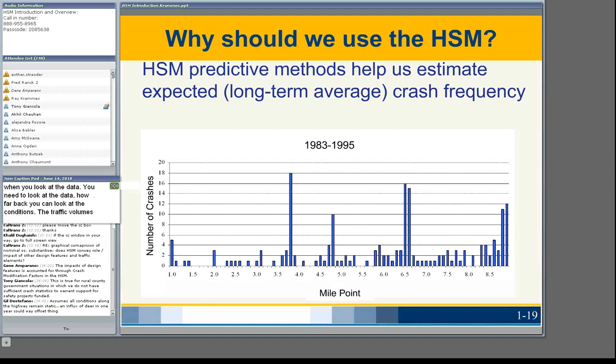The good news is that the Highway Safety Manual's predictive methods are designed to help, including accounting for the effect of changes in traffic volumes and roadway conditions on expected crashes, based on the characteristics of the roadway that influence them.